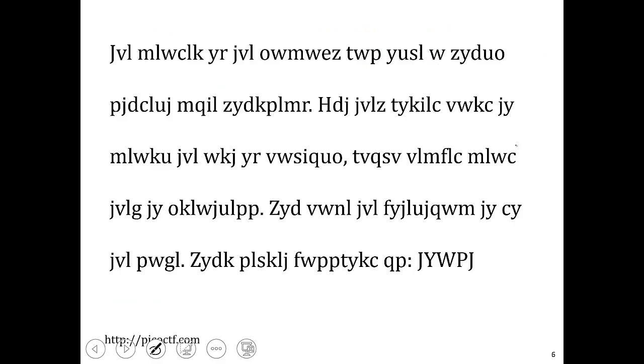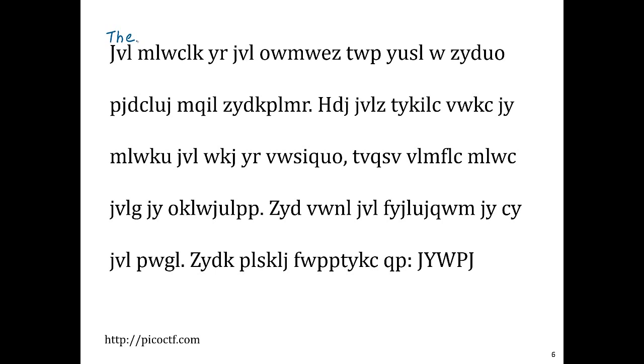Let's apply this idea to breaking the substitution cipher at picoctf.com. Looking at the text, we see it begins with a three-letter word. The encryption is JVL. Well, let's just guess that this corresponds to the plaintext T-H-E, because it's a popular three-letter word.